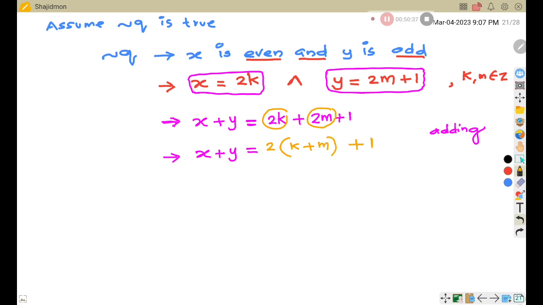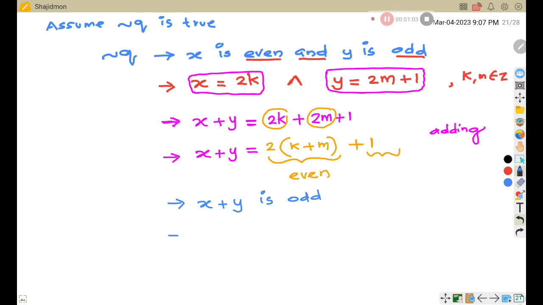Plus 1. What about 2 multiply k plus m, this number, odd number or even number? Should be even number because 2 multiply, correct? But we have plus 1 balance there. So x plus y is what type of number? Even plus 1, that means odd number. X plus y is odd number, correct?